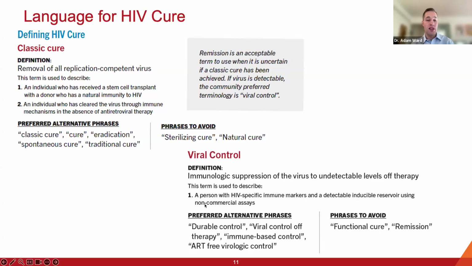This may describe a person with HIV-specific immune markers and maybe a detectable inducible reservoir, such as by this QVOA assay that I mentioned, but who is still able to remain undetectable, or at least at very low levels of virus in blood off of therapy. And this is important because viral control is likely a more realistic and more achievable goal in HIV cure.